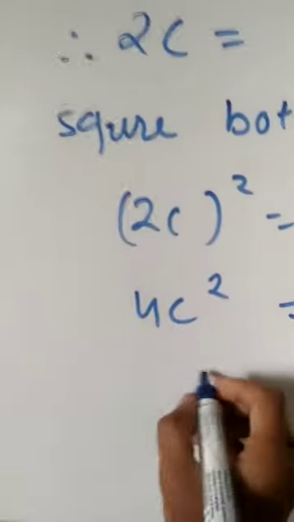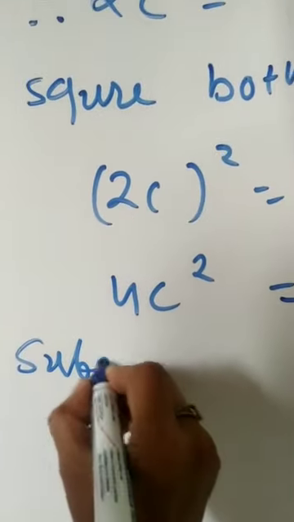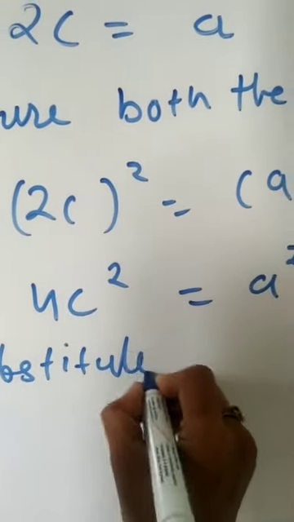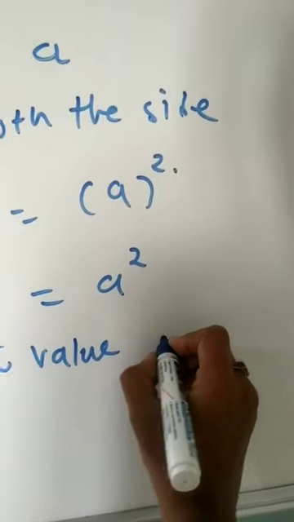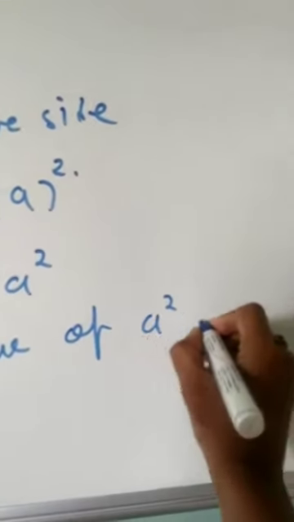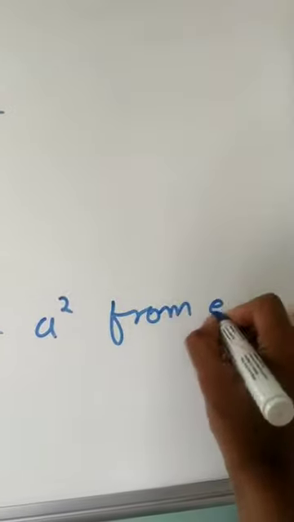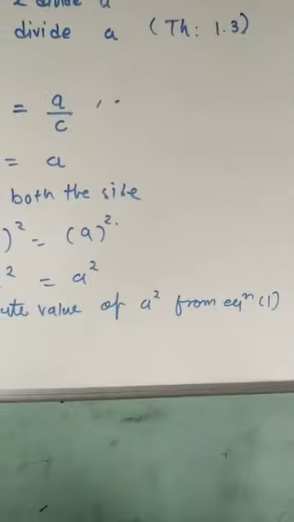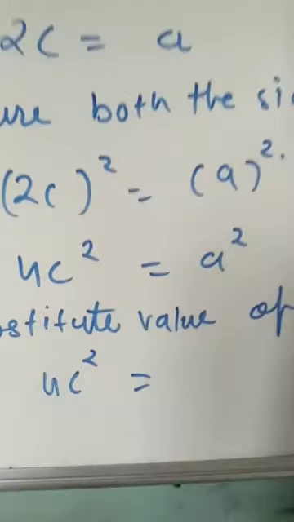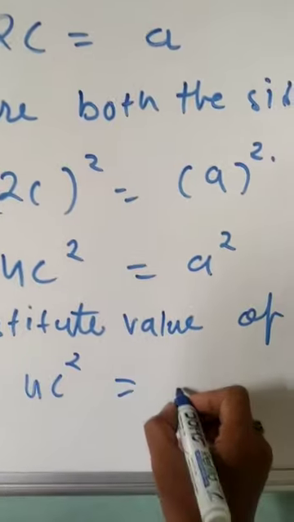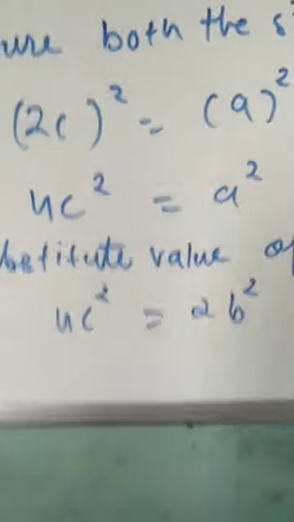Here we will write one line: substitute the value of a square from equation 1. When you substitute, it becomes 4c square is equal to 2b square.